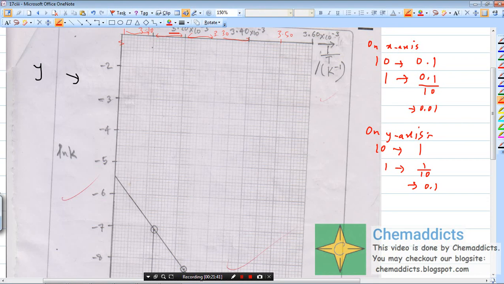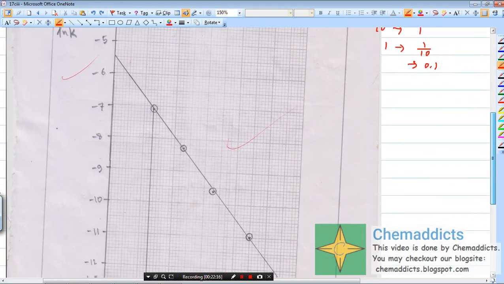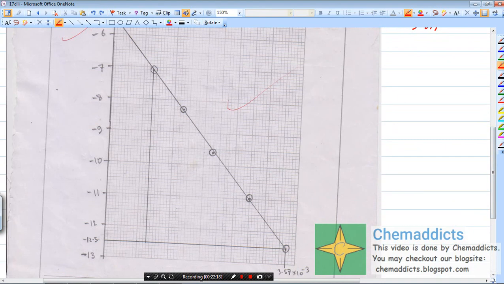This is 3.55, and this is 3.60, so 3.57 should be somewhere here. The point should be here.